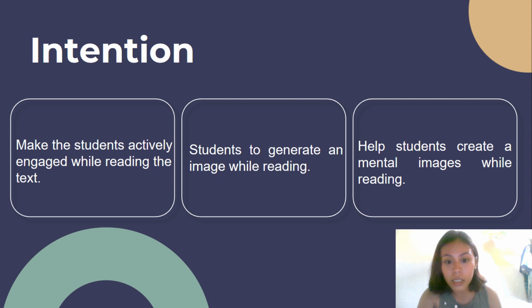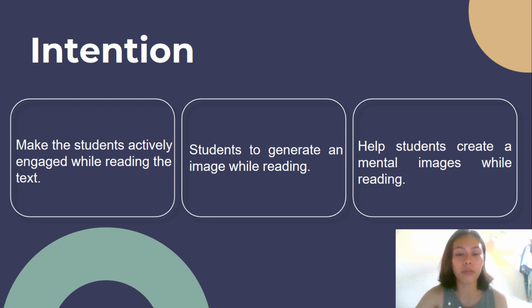And this process can be supported by asking them questions like, what do you see in your mind as you read this, or can you describe the scene using your five senses? Okay, and when students generate images, they better understand and remember details in the story, especially in narrative and descriptive text.